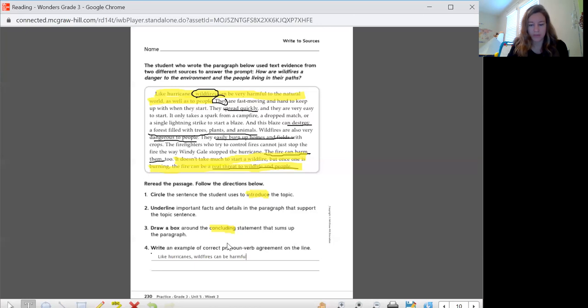Then I'm going to use those 3 dots to show that I took out some parts that I didn't need. And then I'm going to start with they are fast moving. And then I'm going to go ahead and highlight the wildfires is being replaced by the pronoun they. And that is correct pronoun verb agreement.